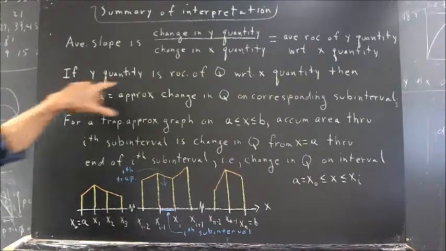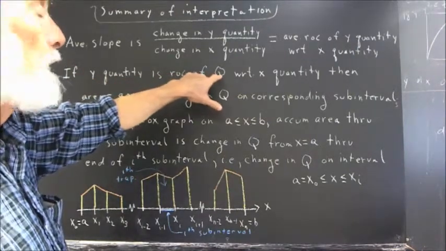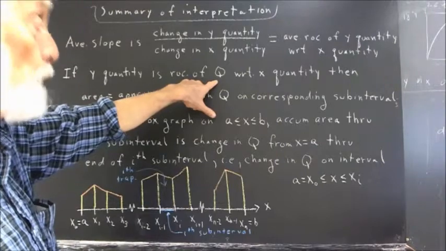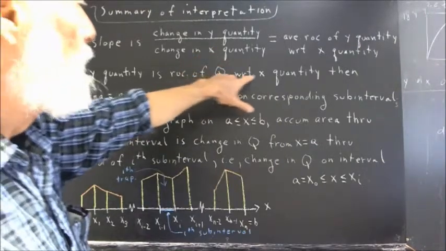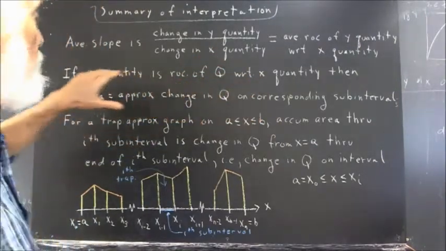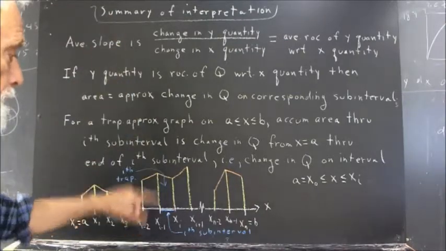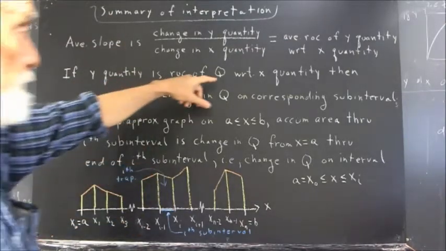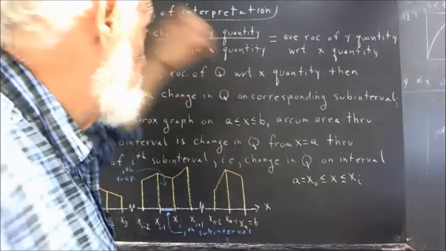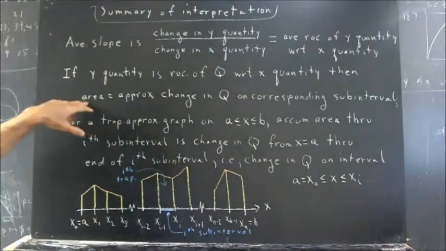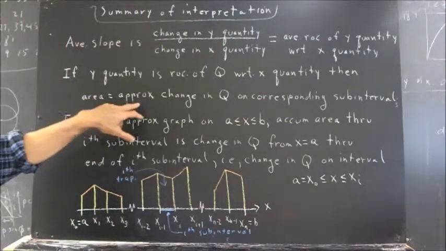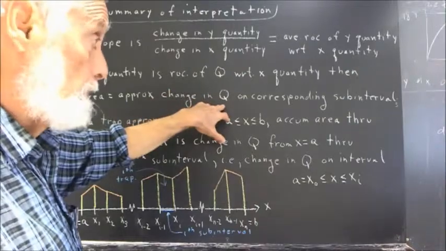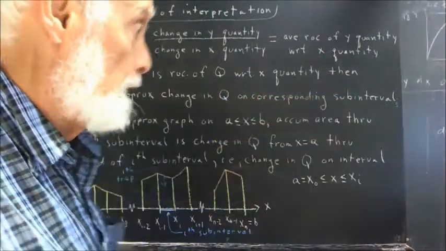If the y quantity is the rate of change of some quantity that we call q, q for quantity, with respect to x, so this quantity here represents the rate of change of q with respect to x, then it turns out that the area is going to be the approximate change in q on the corresponding subinterval.